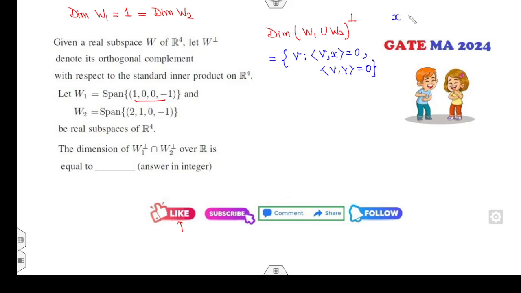I took x as an element of W1, and y is part of W2. Fine, so dimension is R4, that is 4. How many conditions? There are 2 conditions. 4 minus 2. 2 is the right answer of the problem.